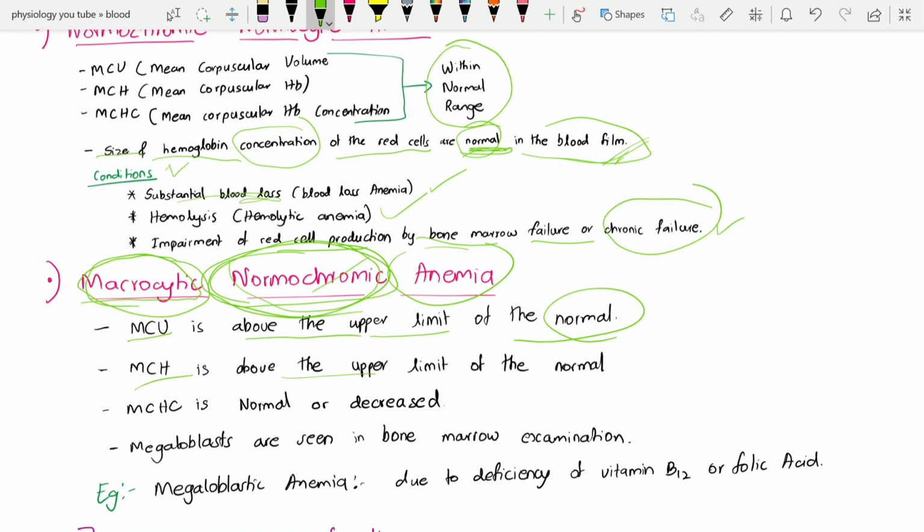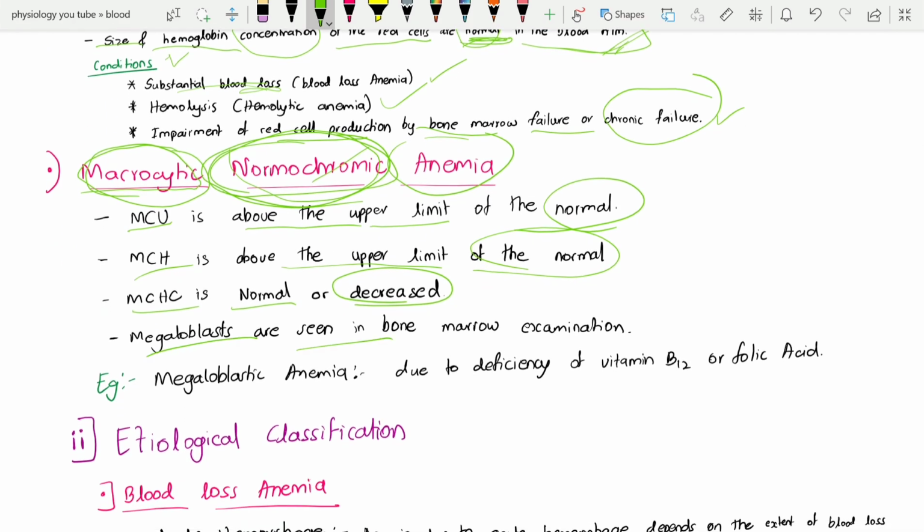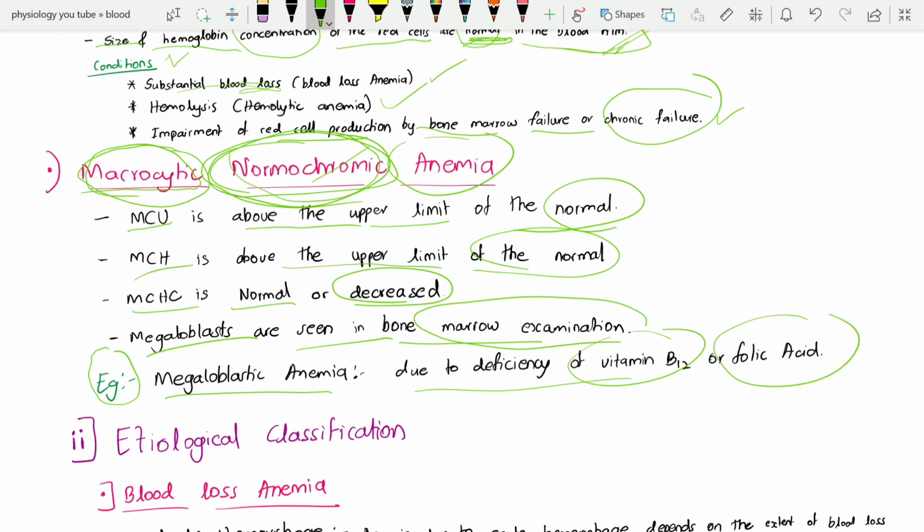MCH is also above the upper limit of normal, but MCHC may be normal or decreased. Megaloblasts are seen in bone marrow examination. Example: megaloblastic anemia itself. It is due to deficiency of vitamin B12 or folic acid.